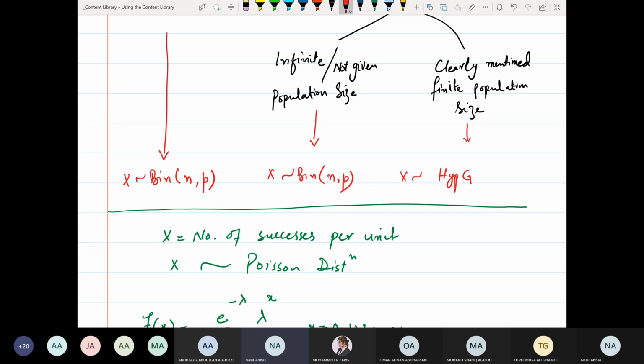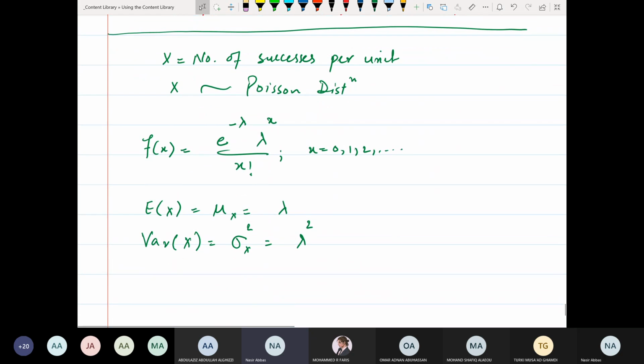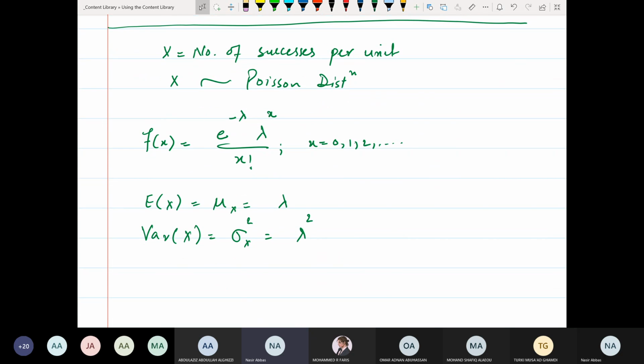When you knew X is hypergeometric, you looked for three things from the question, n, k, and capital N. These three are called parameters of hypergeometric distribution. Similarly, here, when you get an indication from the question that X has a Poisson distribution, the only thing you are going to be looking for in the question is the parameter of Poisson distribution, and the only parameter of Poisson distribution is lambda.